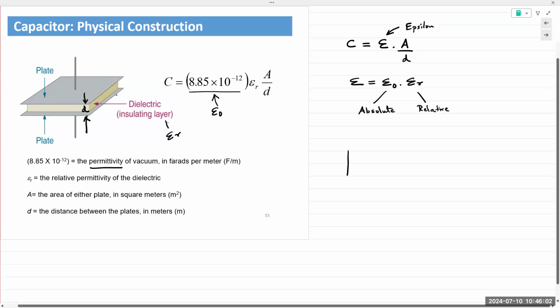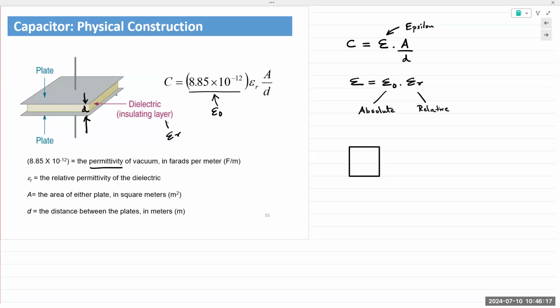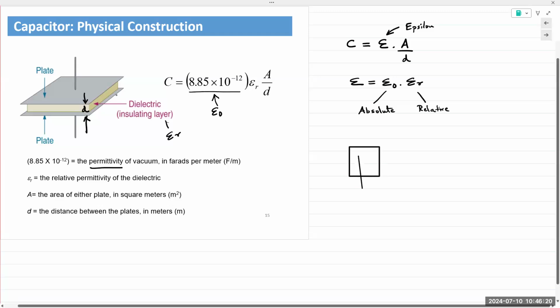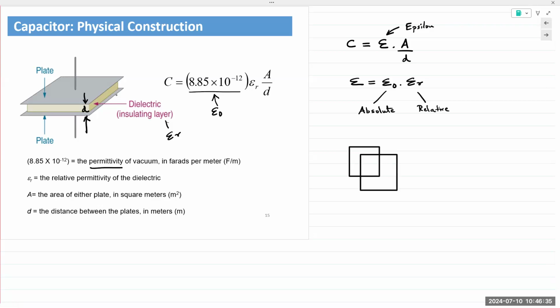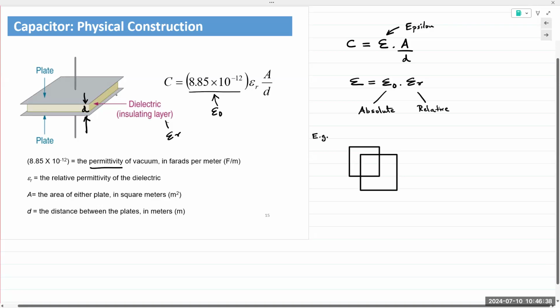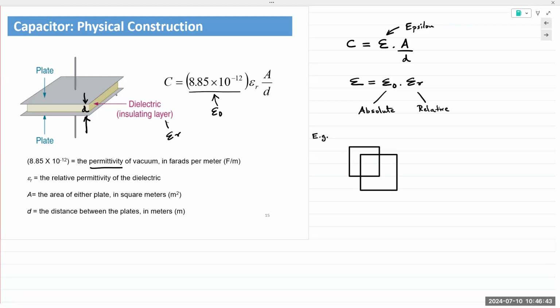Now, if you have two plates that are overlapping like this, you have two plates that overlap like this, which area should we take? The smaller plate or the larger plate?